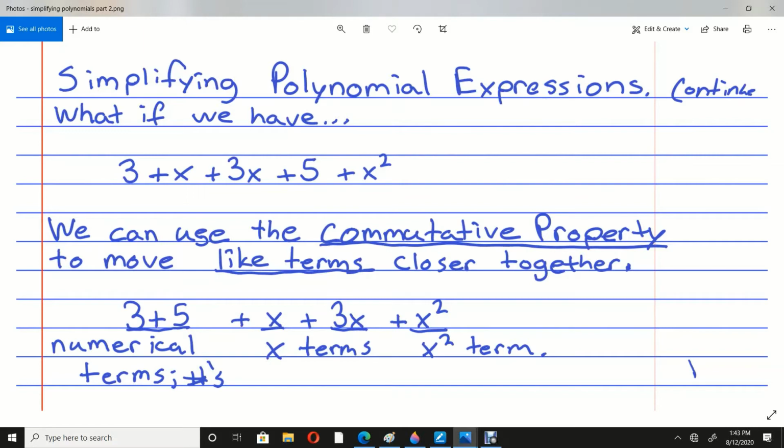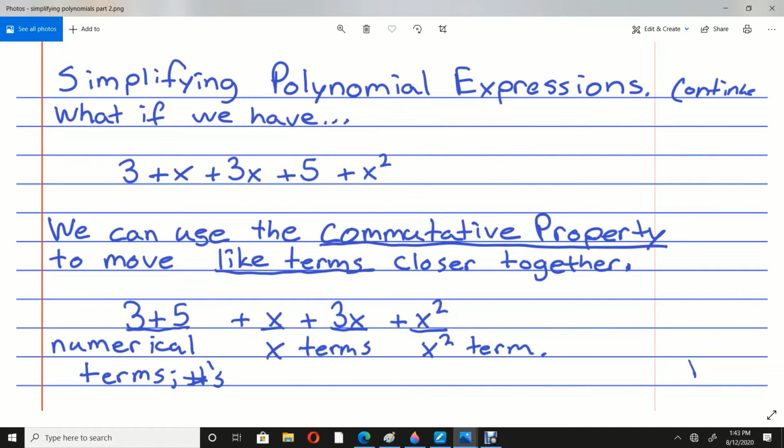So use the commutative property, and I'm going to move the 3 and 5 closer together. That's what I did here. So I have 3 plus 5 plus x plus 3x. Those are common terms. So I have my 3 plus 5, which are numerical terms. They're just numbers. We can add the numbers together without any variables. They're like terms. They're numerical terms. Then we have x plus 3x.